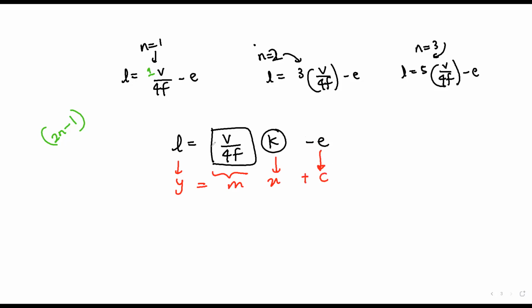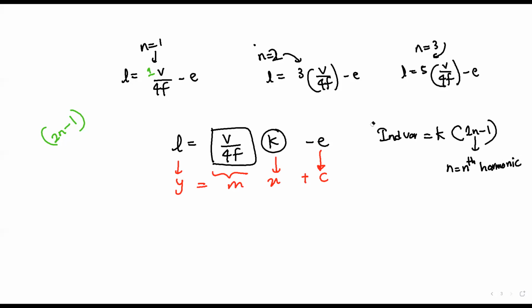Did you understand this? Our independent variable is K, which is actually equal to 2n minus 1. This n is what? n is the nth harmonic. Hope you understood this.